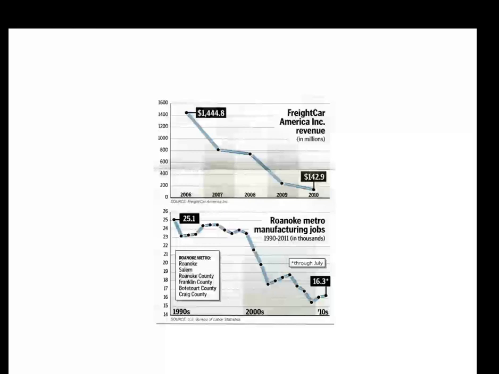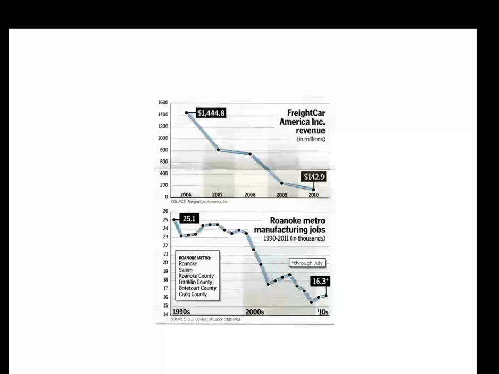At first glance, it appears that the revenue decline of Freight Car America is responsible for the decline in manufacturing jobs, or at least that the two lines move together. The two lines fit together nicely, even ignoring the y-axis trick of the manufacturing jobs graph.